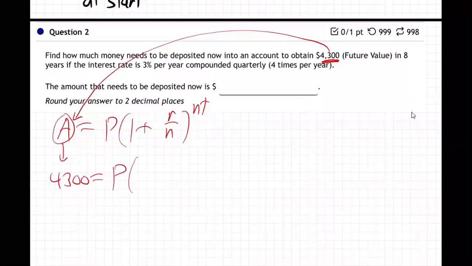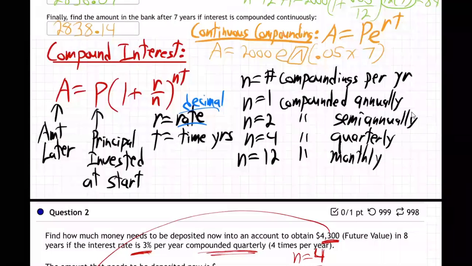equals P times (1 plus, and now what's the interest rate? There it is, 3%. You've got to make that a decimal, 0.03 over N. What is N? N equals 4 here, right? N is 4 because it's quarterly, 4 times a year. So it says right here, quarterly, 4 times a year.